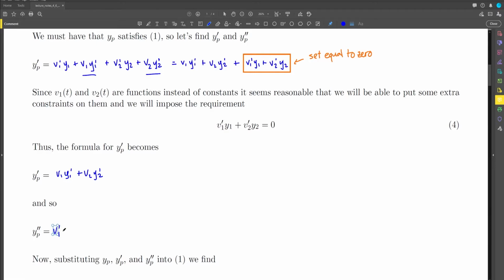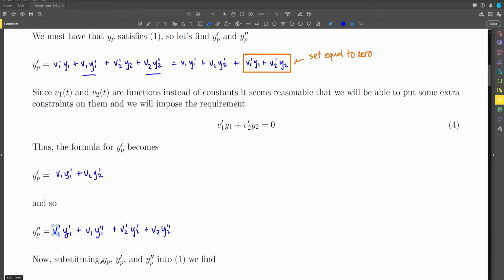It's v1 prime times y1 prime plus v1 times y1 double prime plus v2 prime times y2 prime plus v2 times y2 double prime.